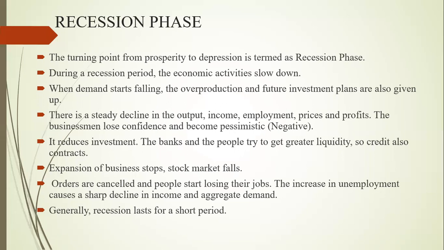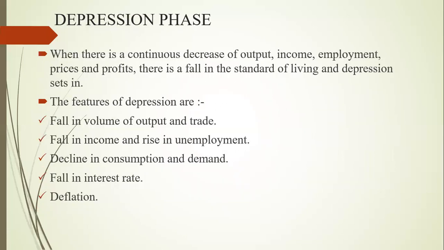Because of that, if too much inventory is there, wastage starts coming. As a result, if there is waste, industries are getting losses. To cover those losses, they will stop production and throw people out. So from where that loss starts, the economy will slowly go into the recession phase.